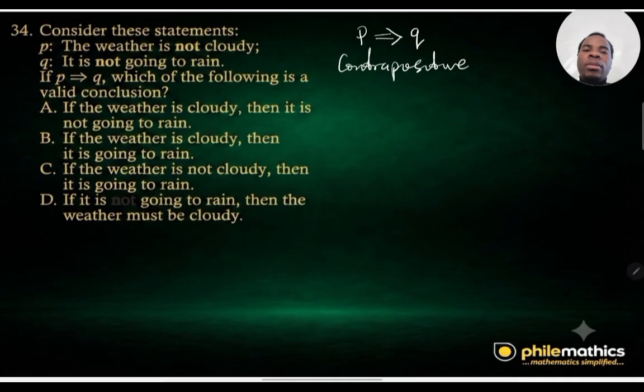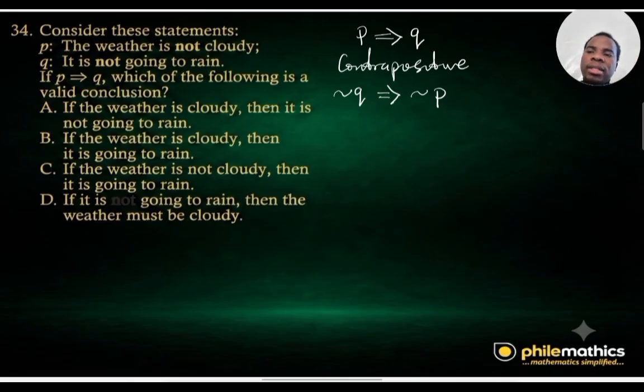The contrapositive simply says if P implies Q, then negative Q implies negative P. So this implication and the contrapositive, they are equal.